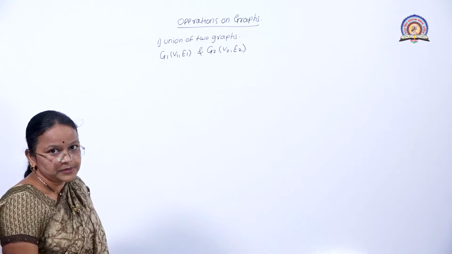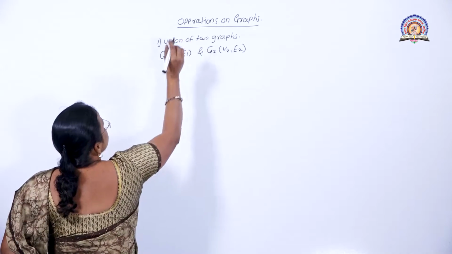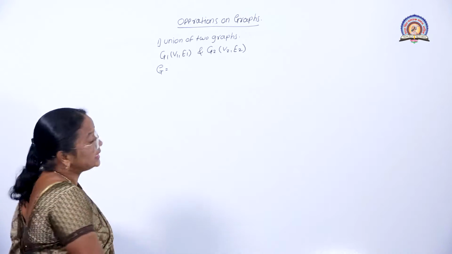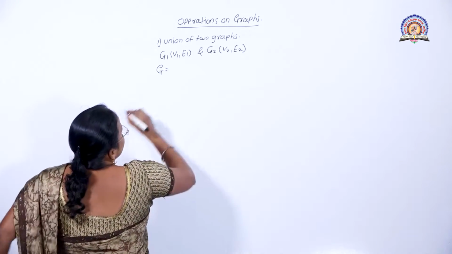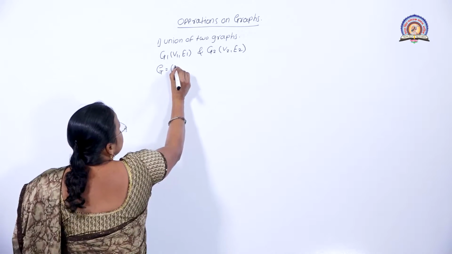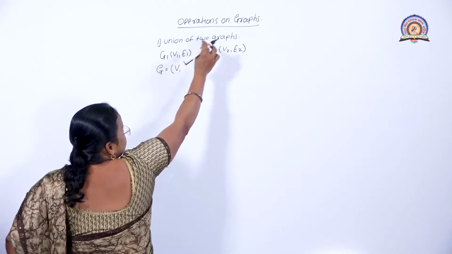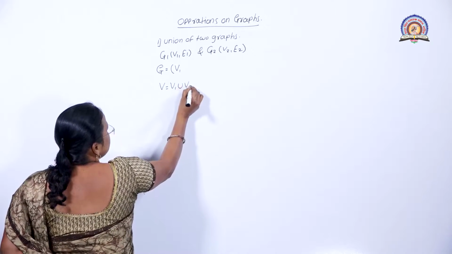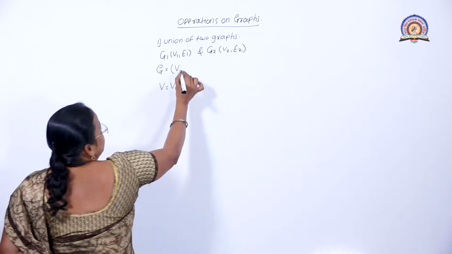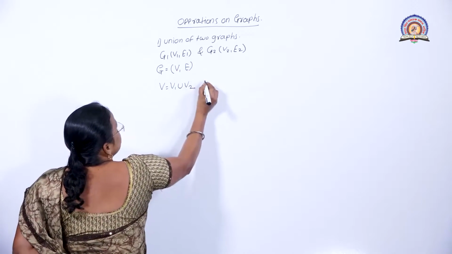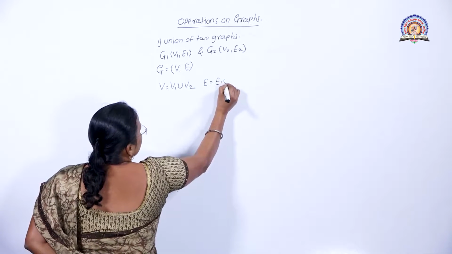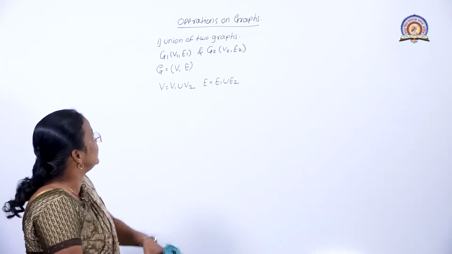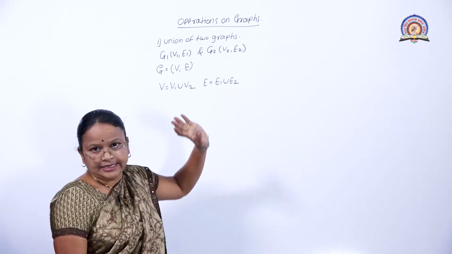Then the union of these two graphs is a graph whose vertex set is the union of the vertex sets of these two graphs, that is V equals V1 union V2, and whose edge set is the union of the edge sets, that is E equals E1 union E2.